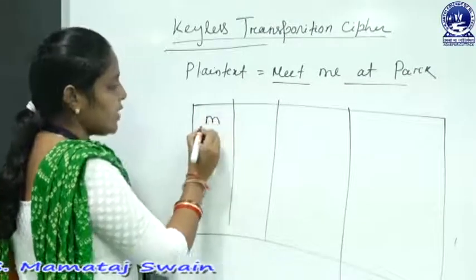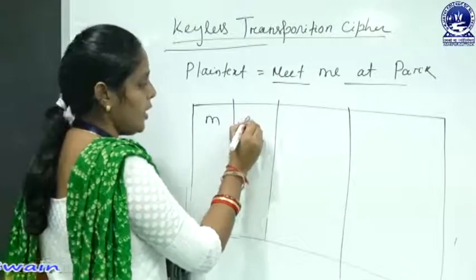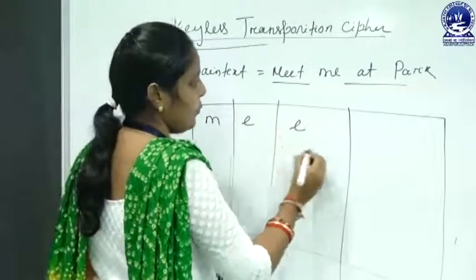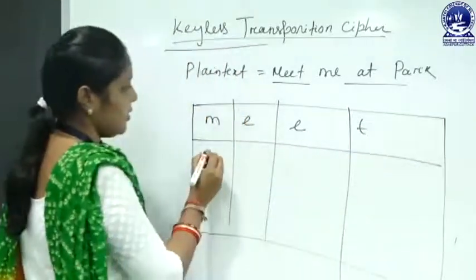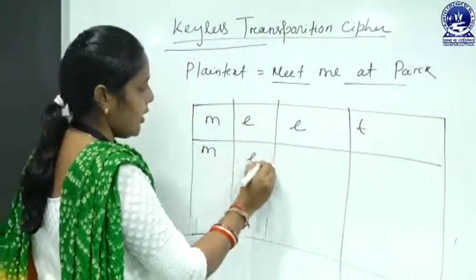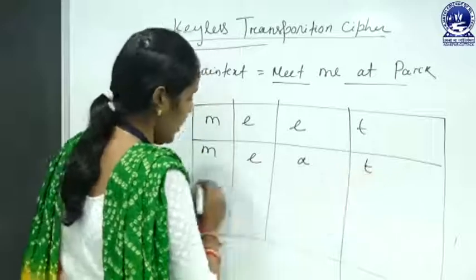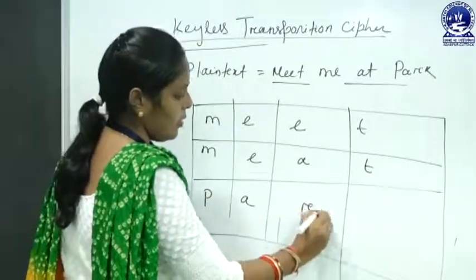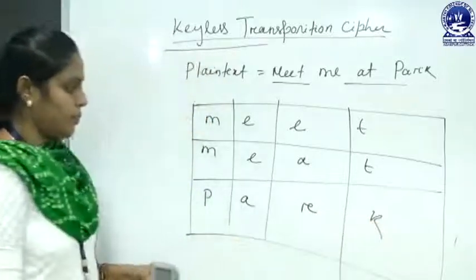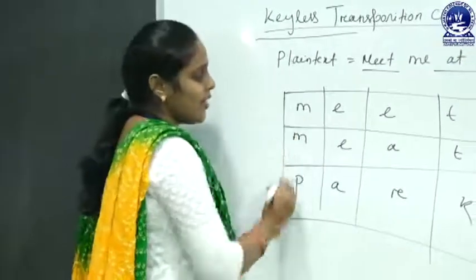First you write M, E, E, T, then M, E, A, T, then P, A, R, K. Now this is a table.